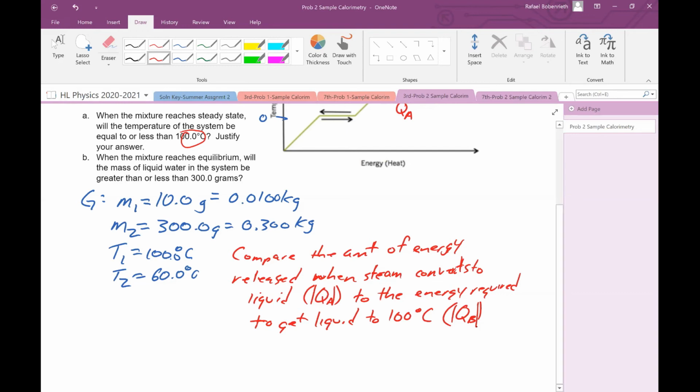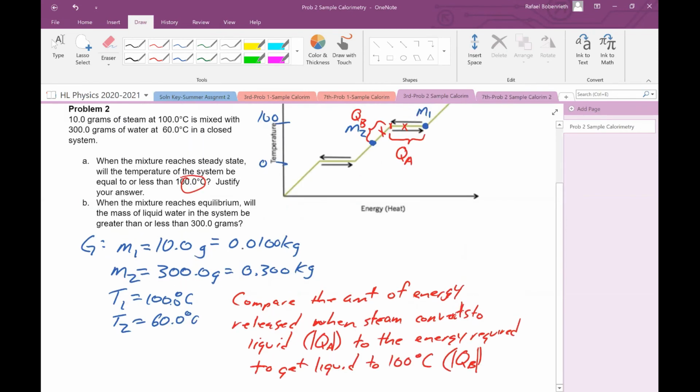If we discover that QB, the amount of energy the liquid needs to get to 100 degrees, is more than QA, then the steam is going to keep losing energy, and some of it is going to convert to liquid. Does that make sense?